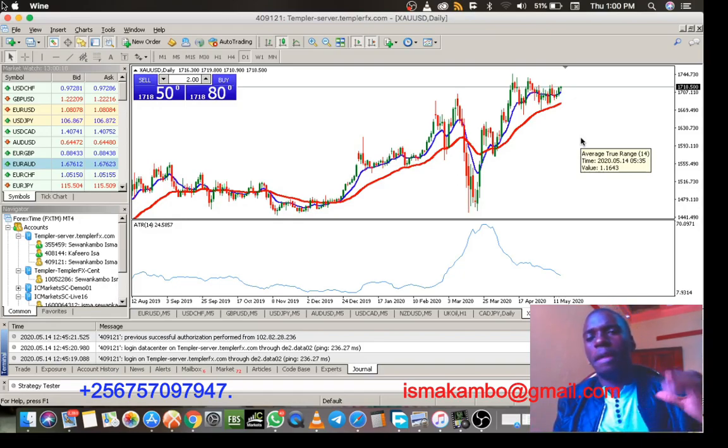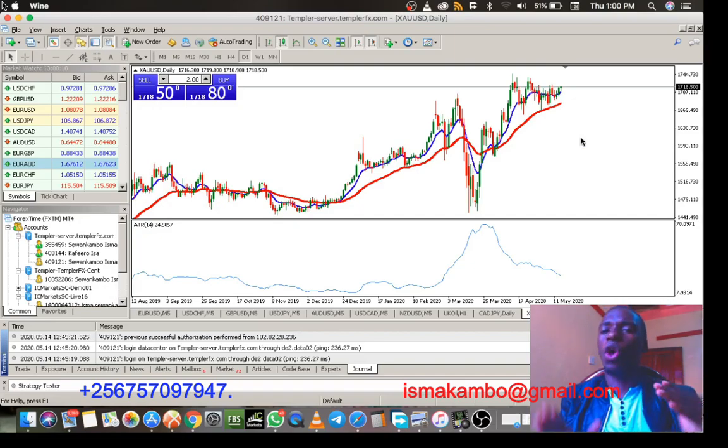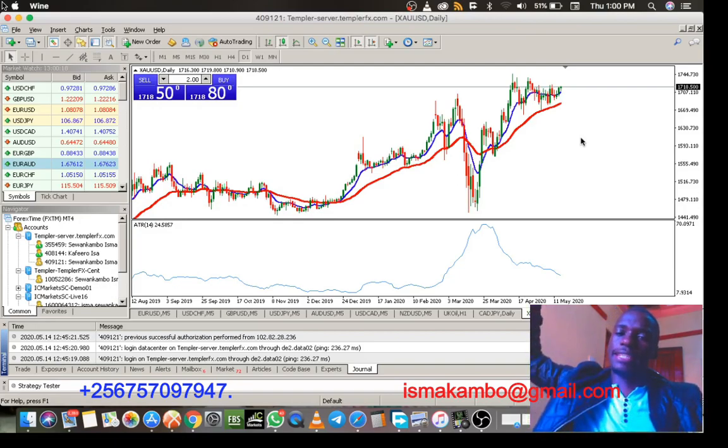Since 1973, gold has been on a bullish movement. It was on a straight movement until it reached 2011.